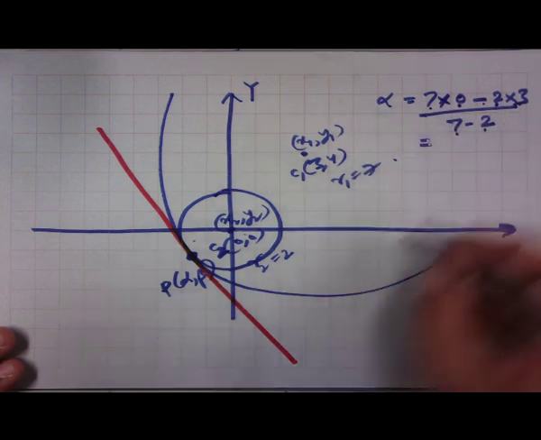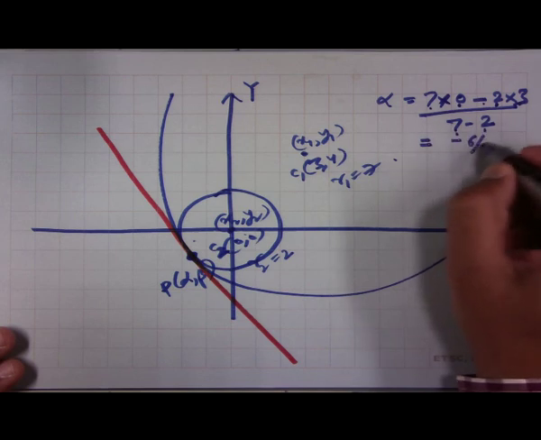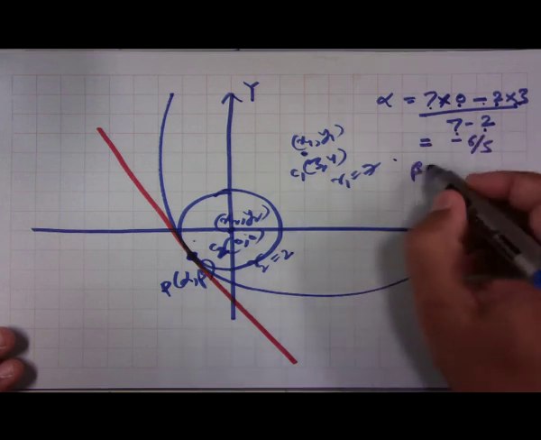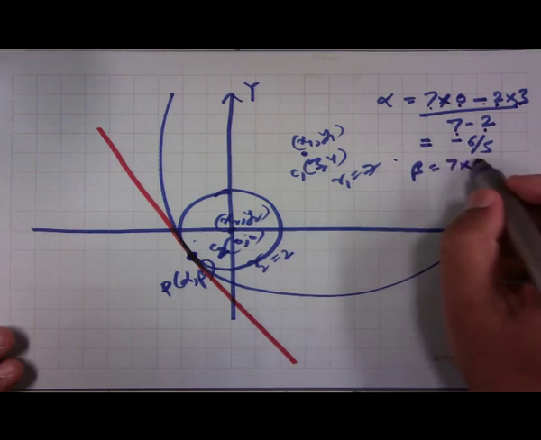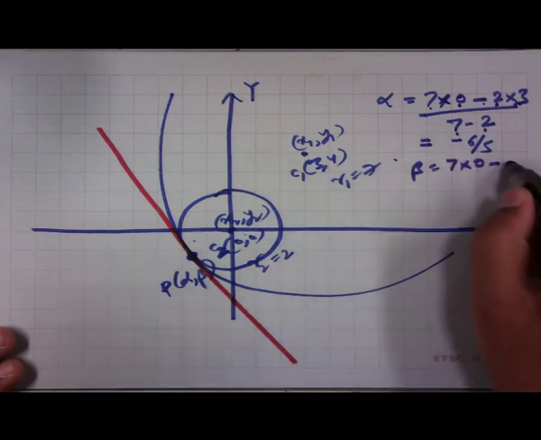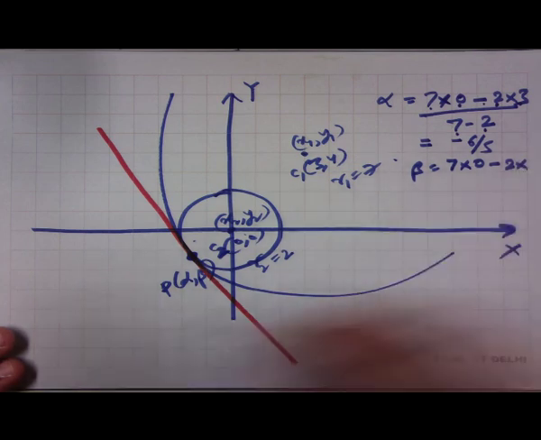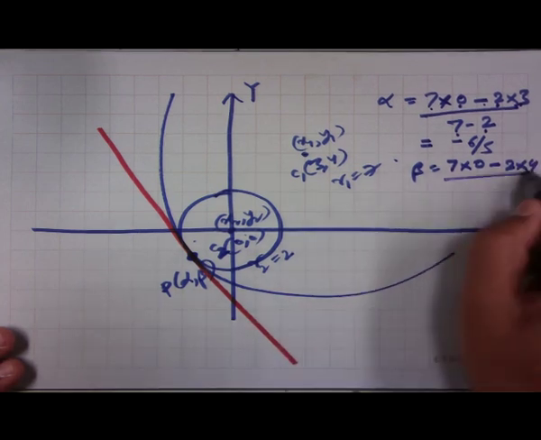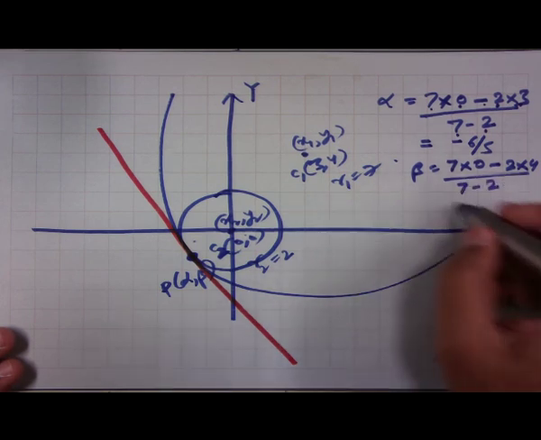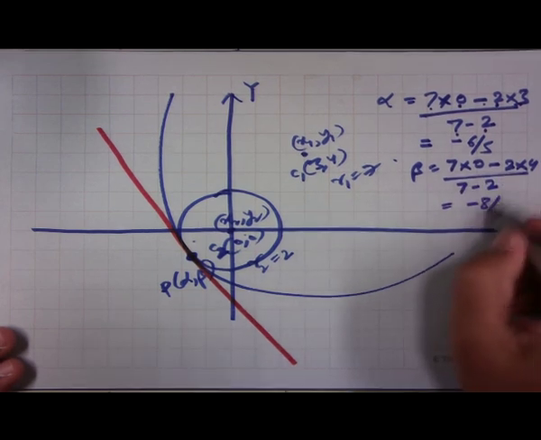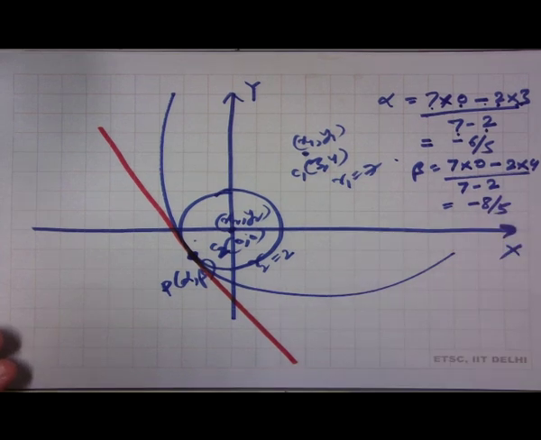Here x2, y2 are both 0, and x1, y1 is (3, 4). So, this comes out to be minus 6 by 5, and the y coordinate of this point will be (R1 times y2 minus R2 times y1) by (R1 minus R2), which is minus 8 by 5.